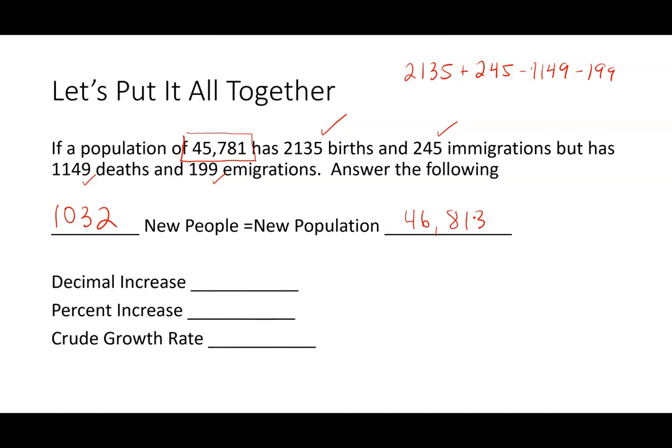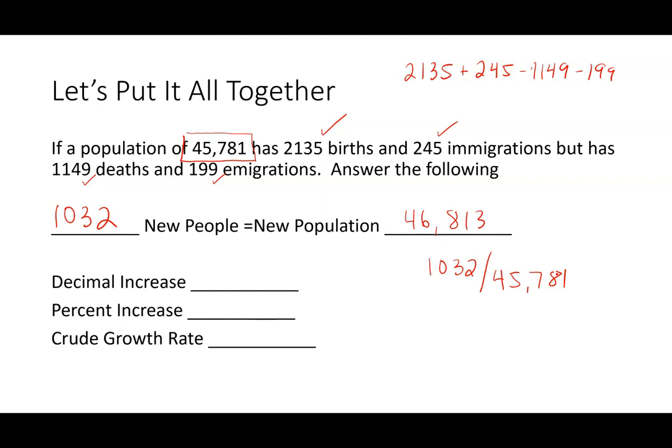All right, that's great. That's like right now. That's what's happening now. But I want to know how to figure out these percentage increases and growths. So I'm going to take my amount of new people, which is 1,032, over my original population, which is 45,781.